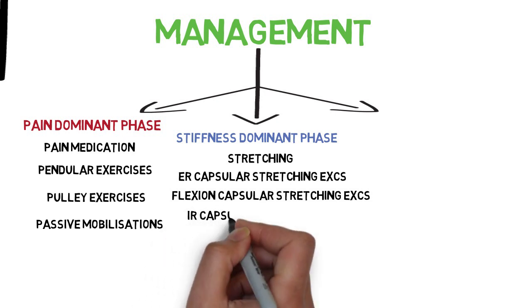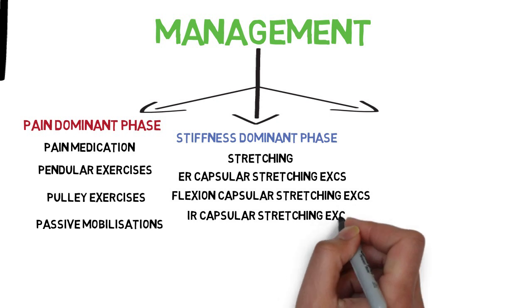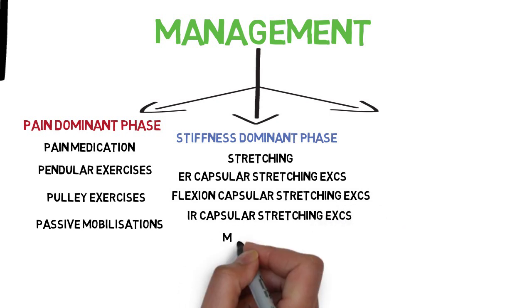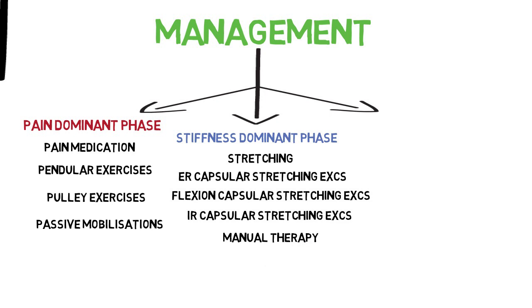As the pain comes down, these exercises will become more convenient in this phase. Manual therapy can be initiated, mainly focusing on external rotation. If improvement is not shown in this phase, other techniques such as hydrodistension can be considered.